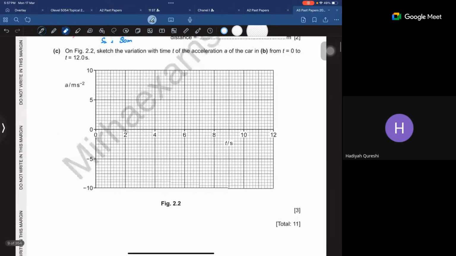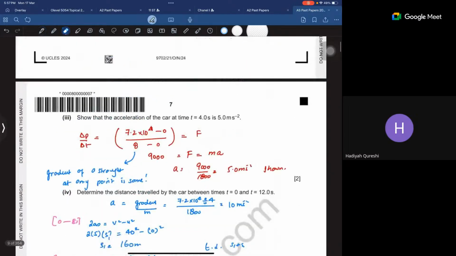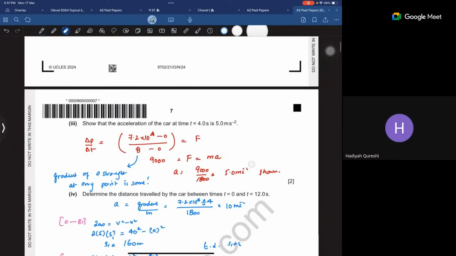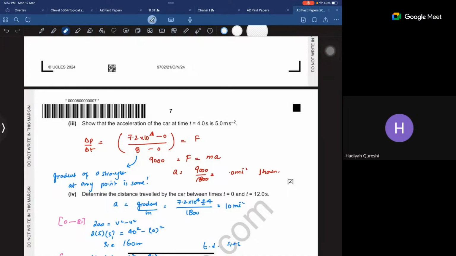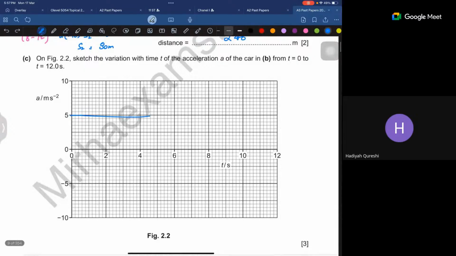Okay. So then it says you have the variation. That's good because now we can simply do this. We had constant acceleration, right? For 8 seconds, we had 5 constant acceleration, and it was positive. So for 8 seconds, I'm going to go in a straight line from 5 to 8 like this, and then draw a dotted line to 10.